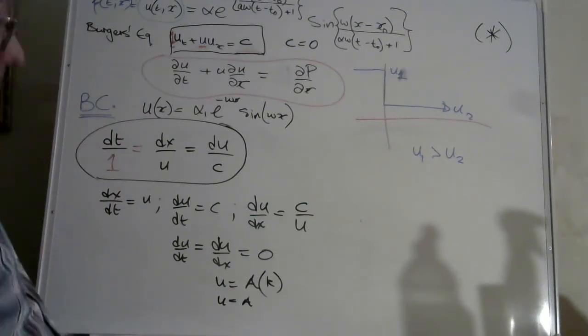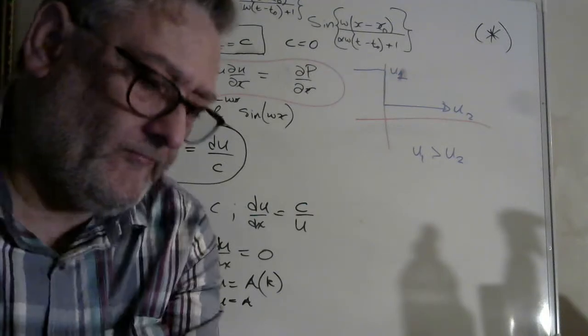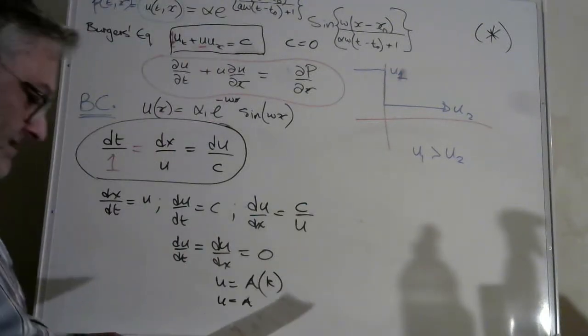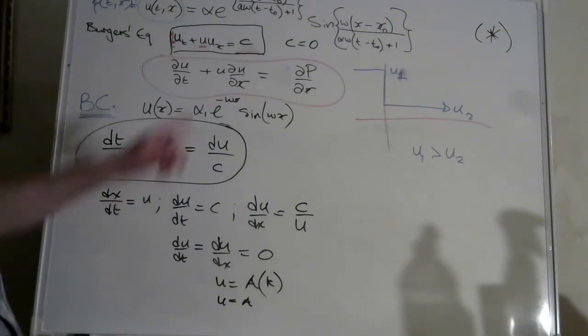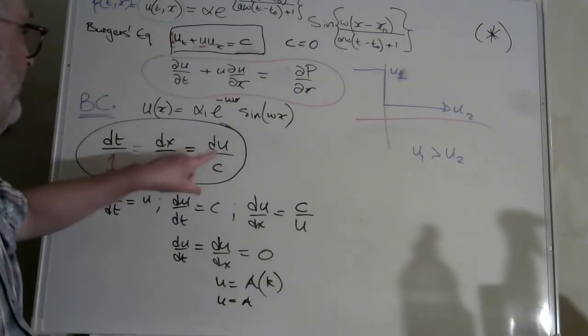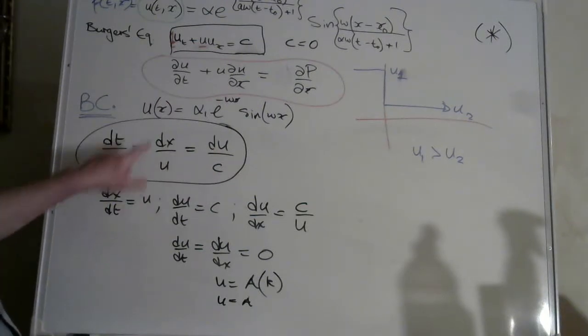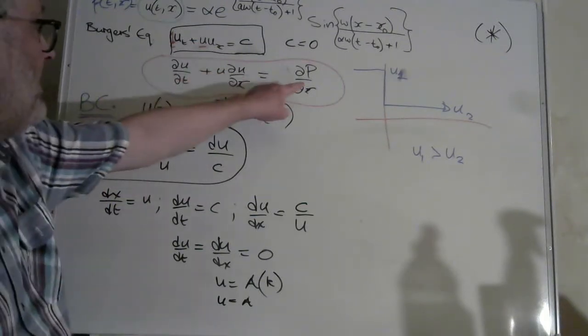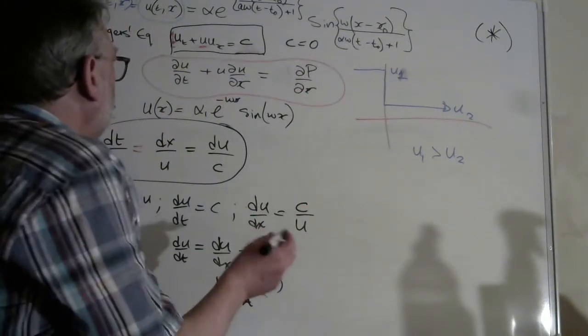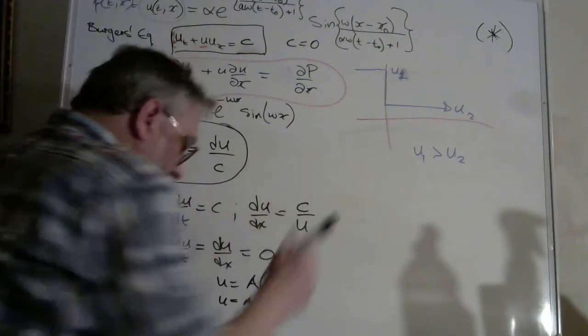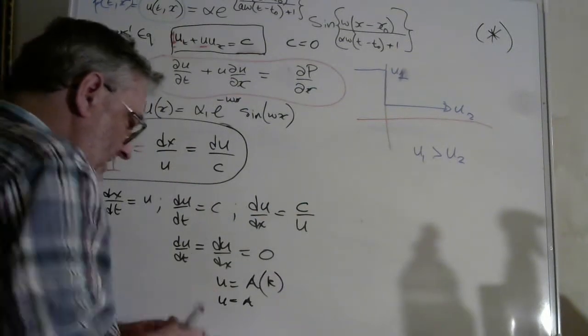Now, it turns out that when we solve the rest of this system, when we come to this Navier-Stokes equation here, I'll just rewrite it here. Let me get a red pen.